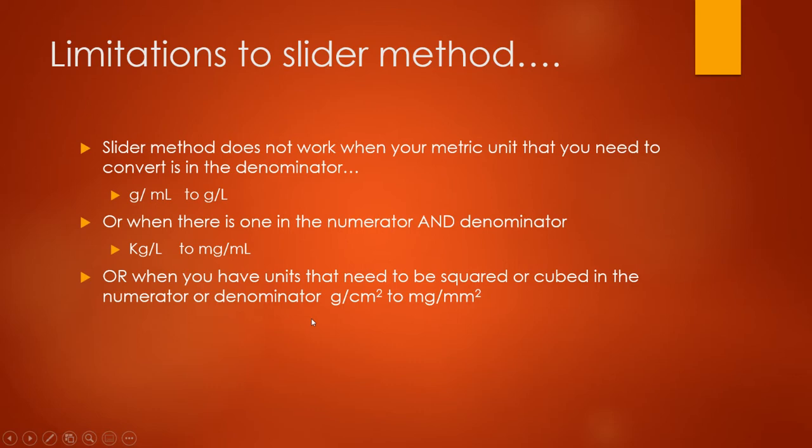Or it also doesn't work when you have units that need to be squared or cubed in either the numerator or the denominator, like grams per centimeter squared to milligrams per millimeter squared. So the slider method is kind of like the basic first step of being able to do any of these conversions. But once we get beyond something very, very simple, it is not going to work.